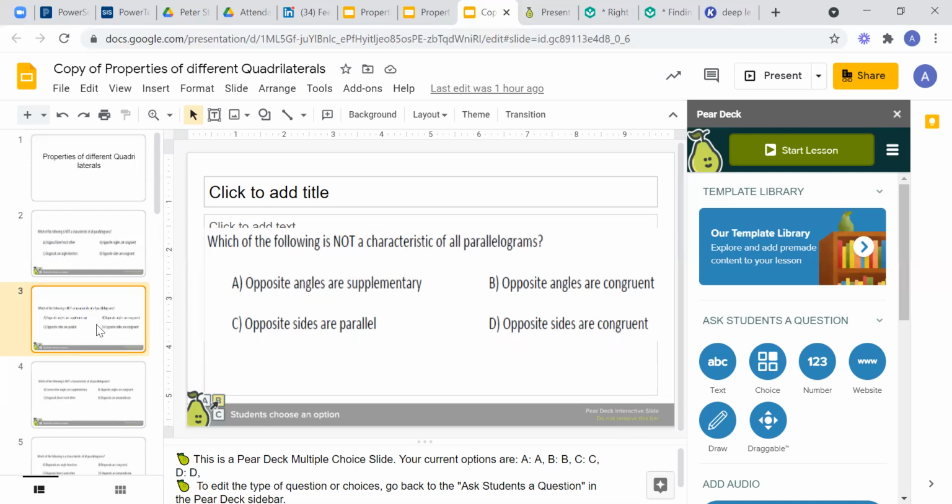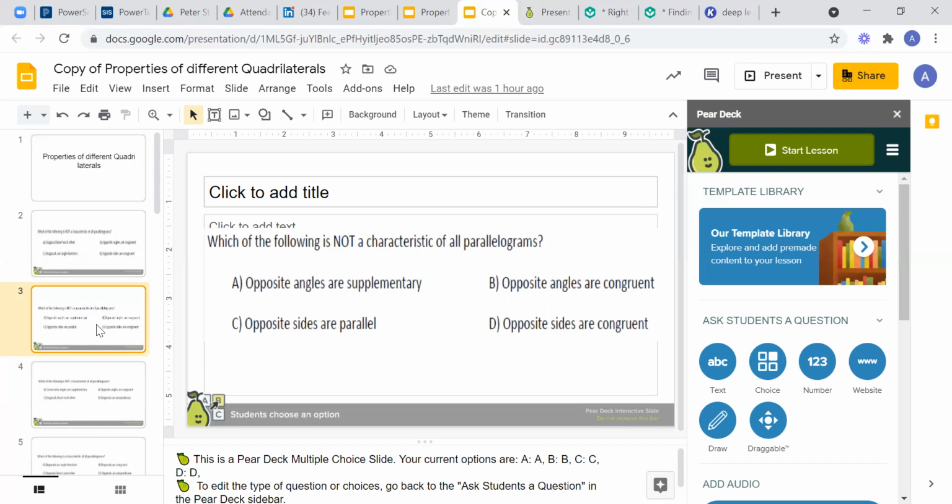We're still gonna base our knowledge on all the 5 attributes of parallelograms, which are parallel and congruent opposite sides. So opposite sides are congruent, D is right. C is also right, opposite sides are parallel.